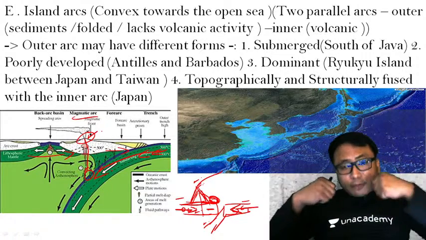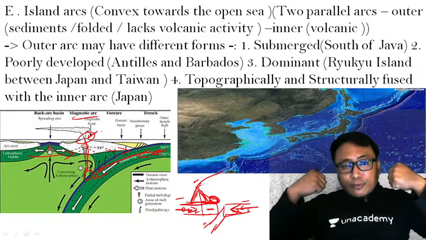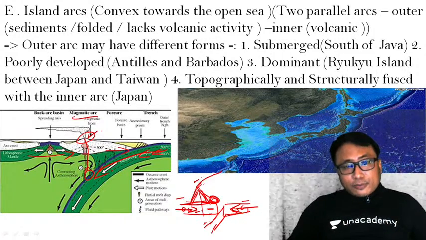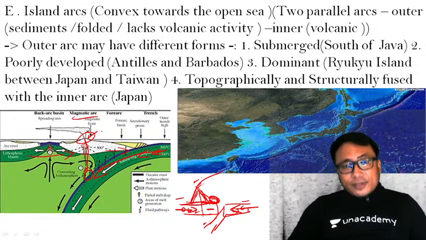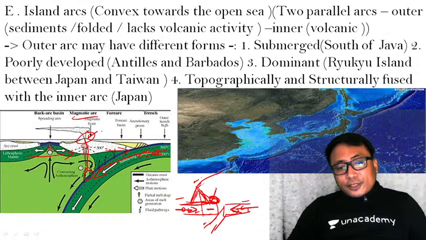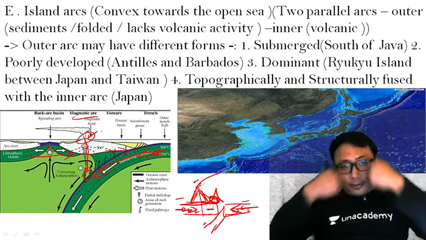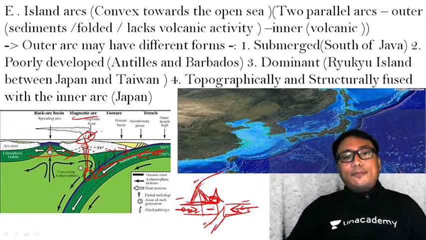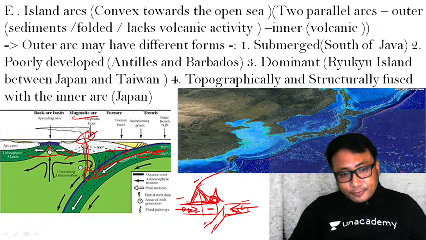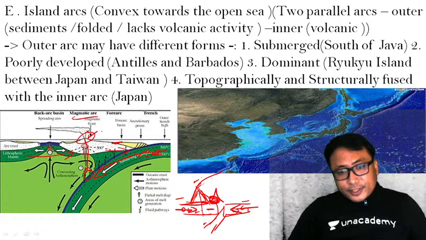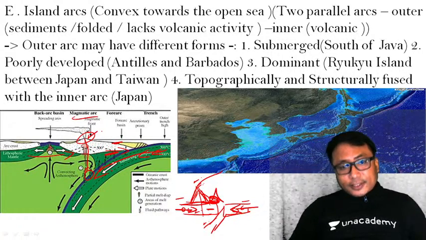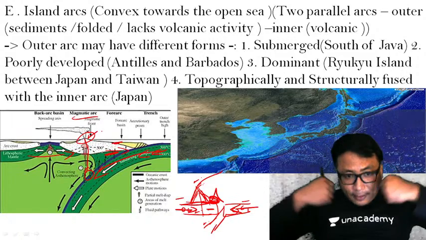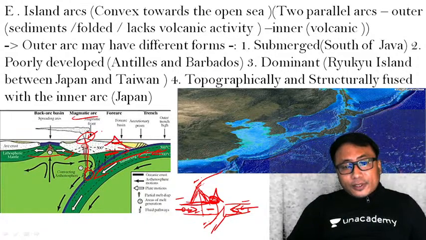And first they will be compressed. The sediments will be compressed, will be folded, and the formation of a mountain will be there, a fold mountain type of structure. You see here, these sediments on the oceanic crust will be compressed and folded.